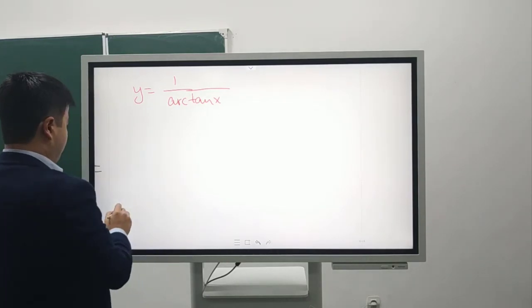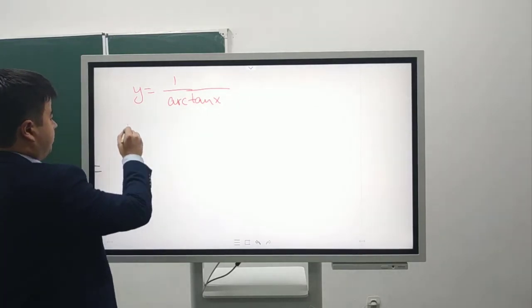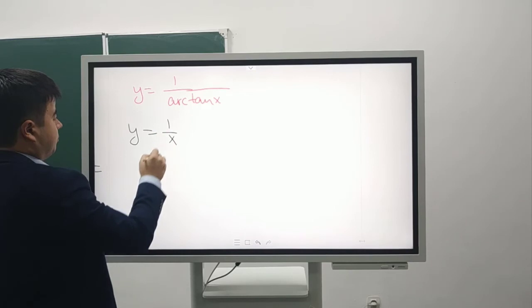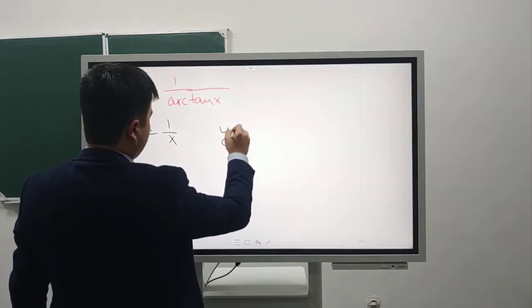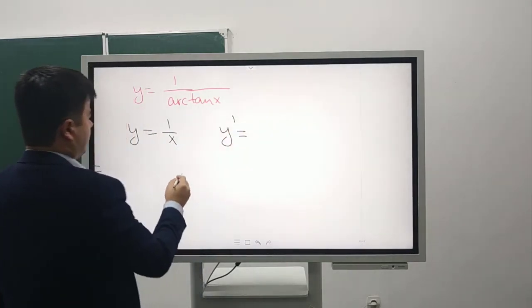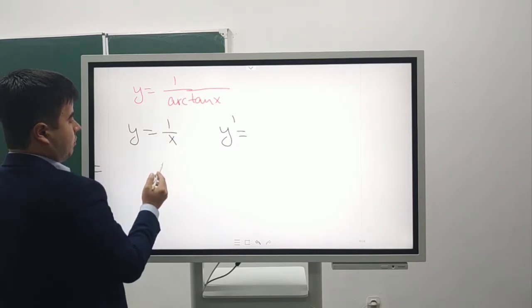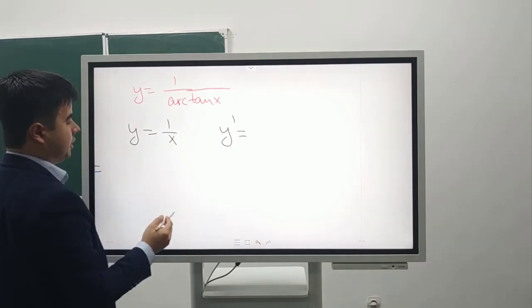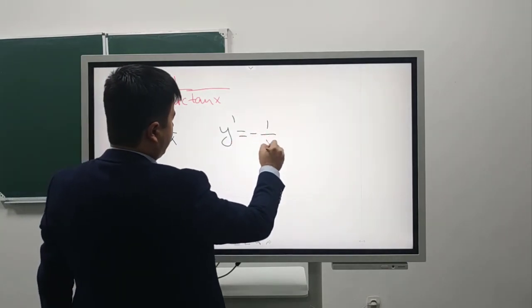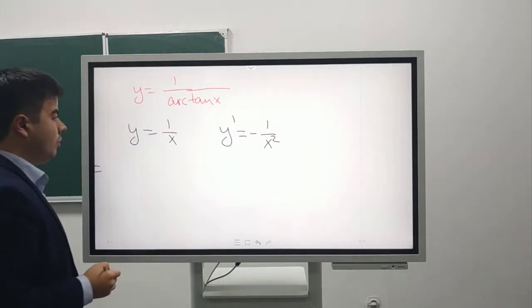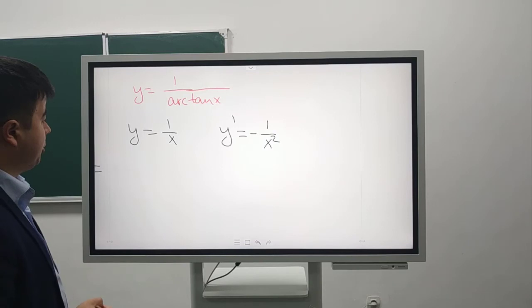Okay, firstly, what will be the derivative of 1 over x? If we consider it as a ratio, 1 over x, the derivative is minus 1 over x squared, using the rule of the ratio.